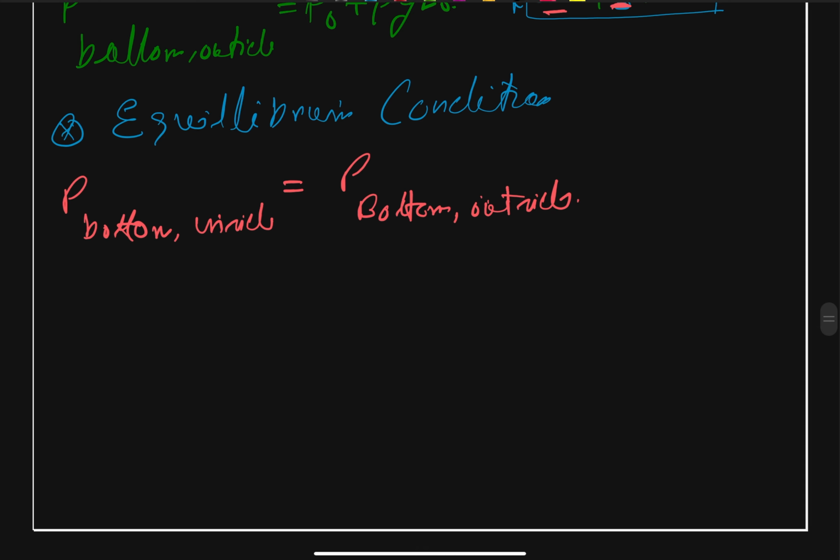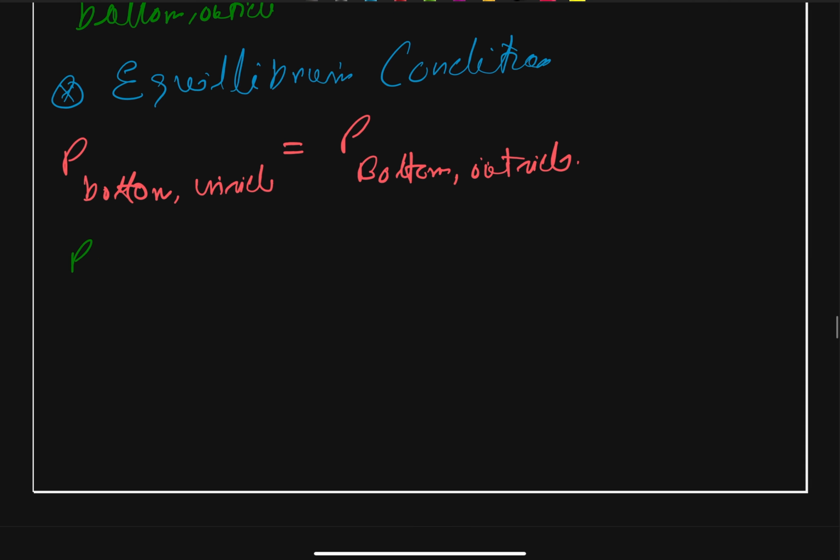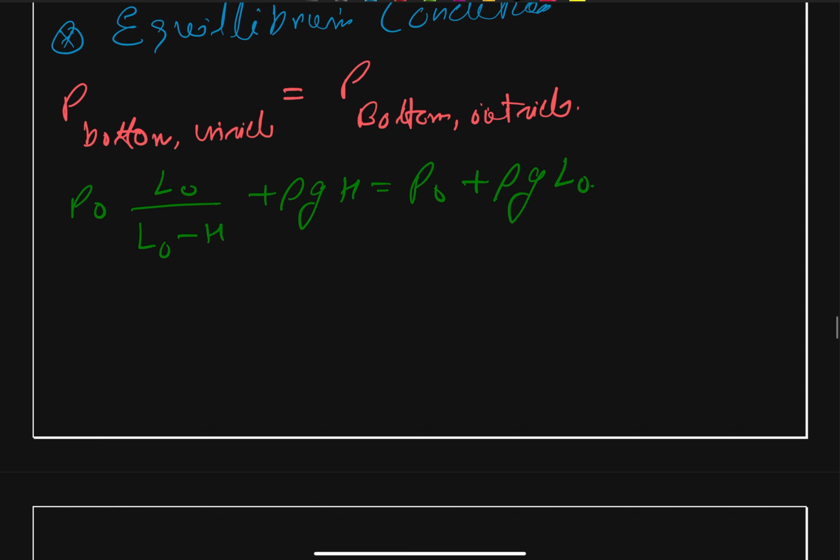So we simply substitute them. We get P naught L naught minus H plus rho G H will be equal to P naught plus rho G L naught. And we can just simplify it.